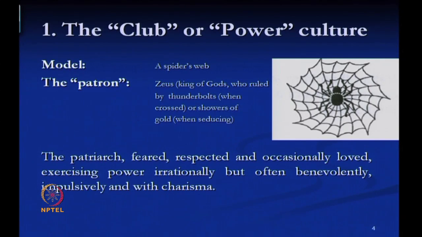The patriarch, feared, respected and occasionally loved, would exercise power irrationally, but often benevolently, impulsively and with charisma, and that determined the kind of organization, structure, process and decision making styles in a setup.